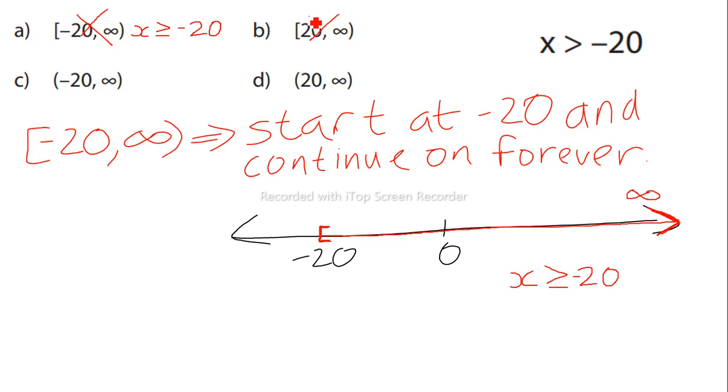So this is not going to work. Let's look at D. D is not going to work because we're looking at positive 20, and here we want negative 20. So this is not going to be right.